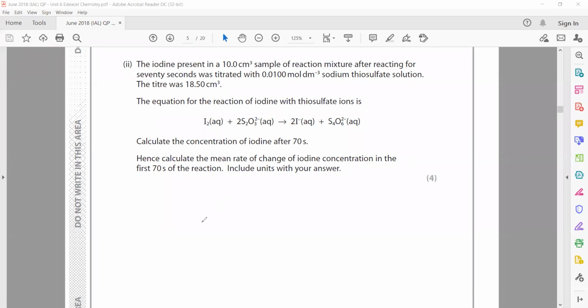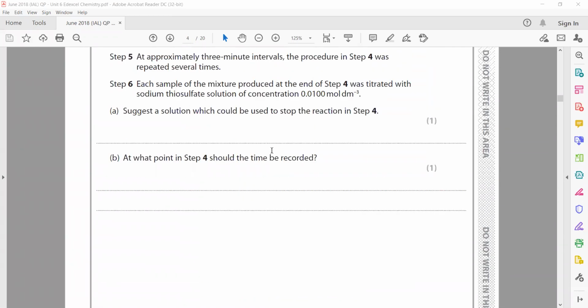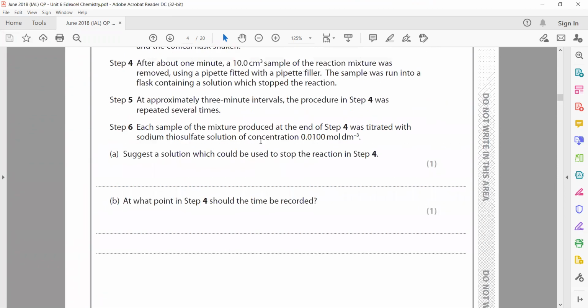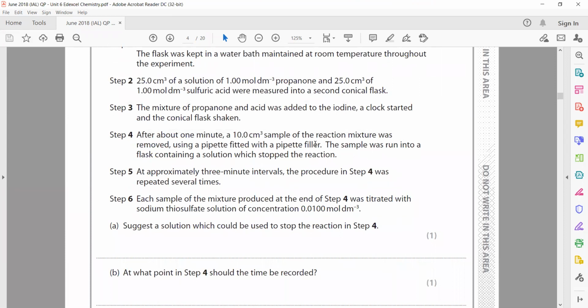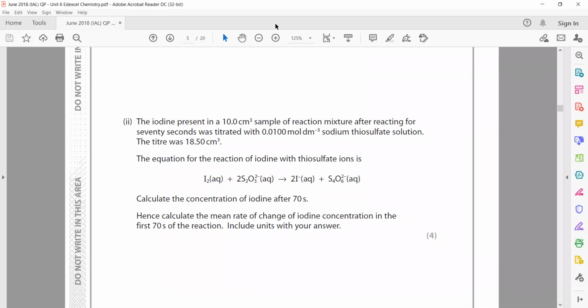So we have the original concentration of iodine at the moment we mix, and we will find the new concentration of iodine after 70 seconds, because the iodine present in the solution is reacting with thiosulfate. Using the volume and concentration, first we'll find the moles of thiosulfate. From moles of thiosulfate we'll get the moles of iodine present after 70 seconds.